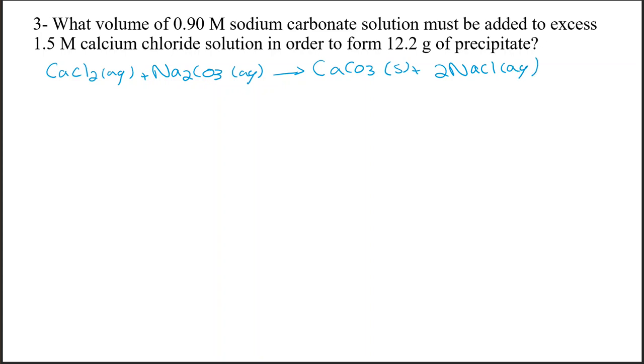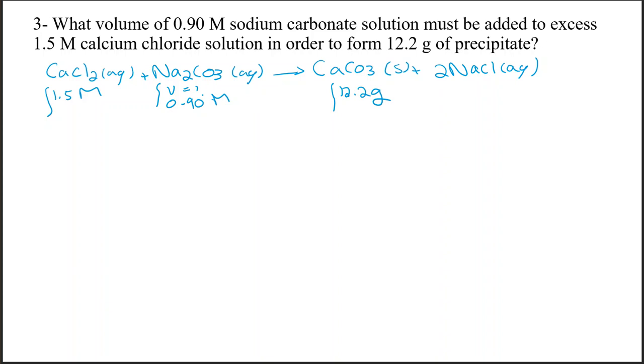So we want to know what volume of sodium carbonate, which is 0.90 molar, must be added to excess 1.5 molar calcium chloride, and by doing this we want to end up having only 12.2 grams of precipitate, which is calcium carbonate. So the mass of calcium carbonate is given to us.